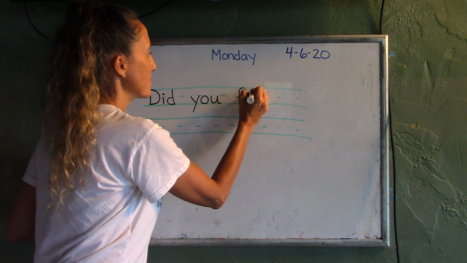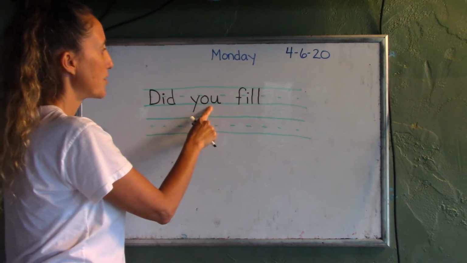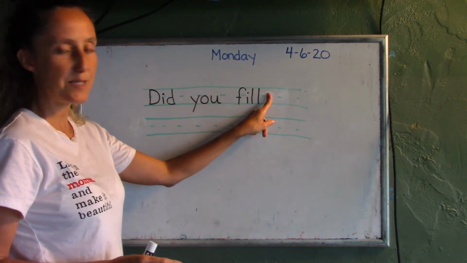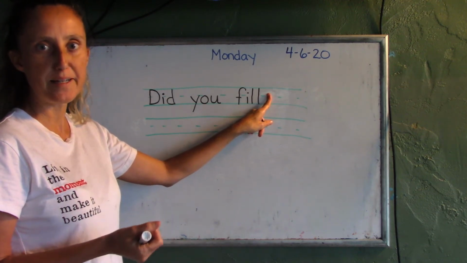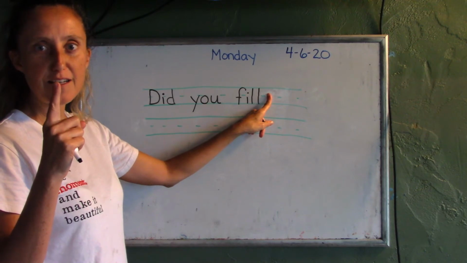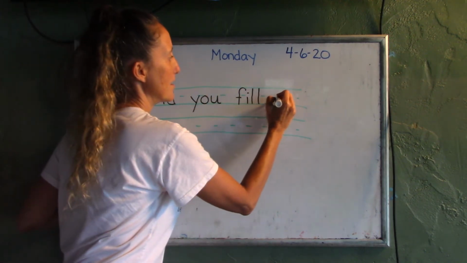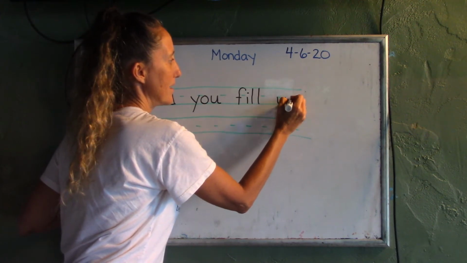Fill. Did you fill? Make a space. Our next word is up. Up. 2 letters. Right, U-P. So U and then a P.